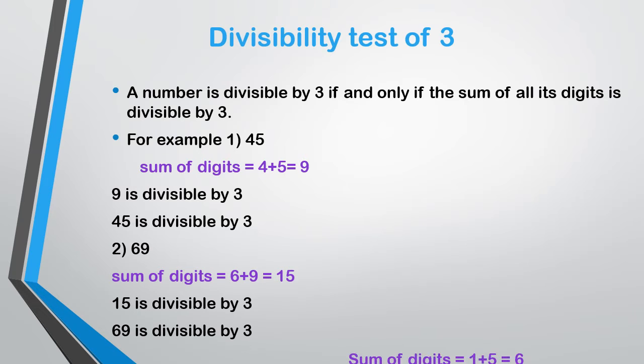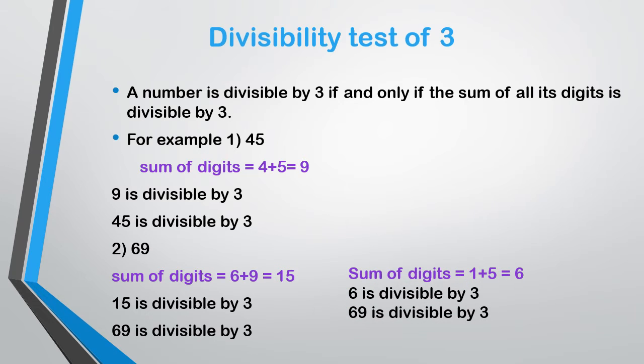The other way, we make 15 a single digit, that is 5 plus 1 is equal to 6. 6 is divisible by 3. So 69 is also divisible by 3. We can write in both ways. Both ways are correct, so we can use any one way.